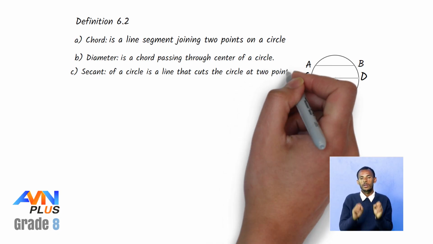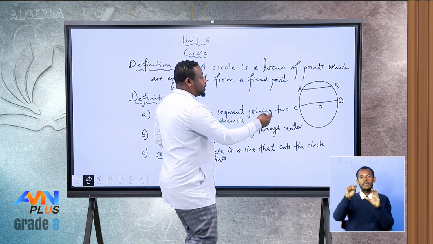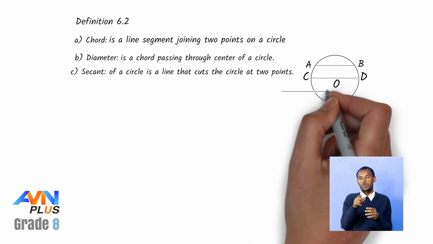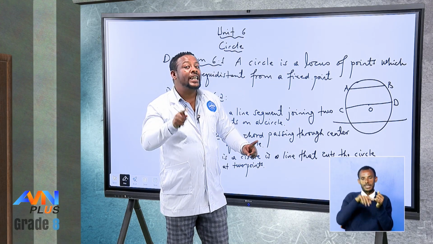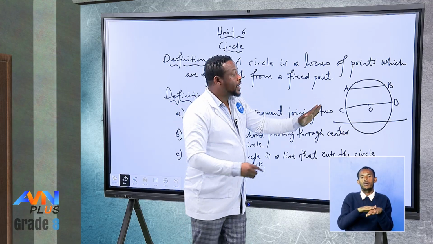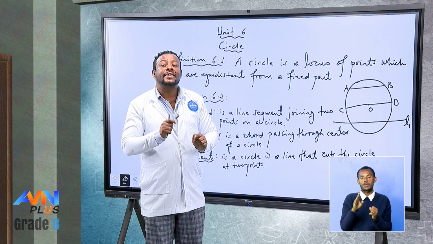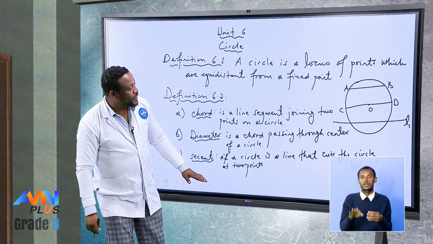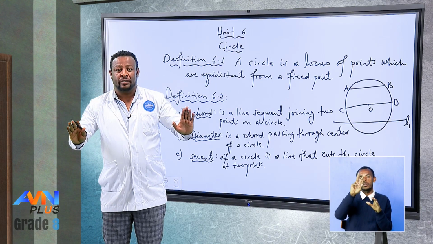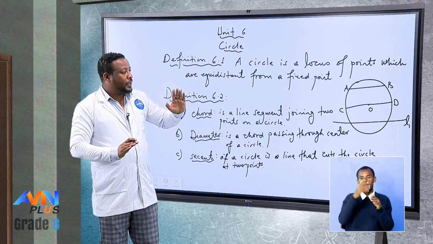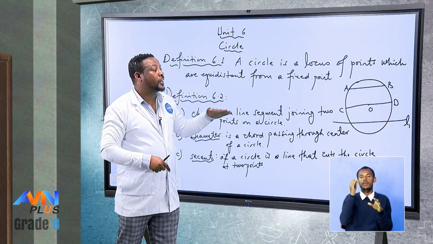Geometrically, you can have a certain line that cuts the circle at 2 points. The endpoints need not be on the circle. Say this is L1, and L1 can be considered a secant. A secant of a circle is a line that cuts the circle at 2 points. That's all. A line is called a secant if and only if it cuts the circle at 2 points.